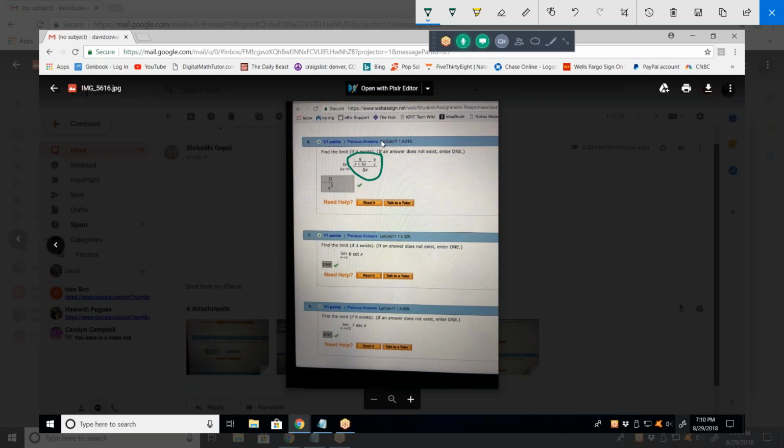But notice if f of x was 9 over x, then f of x plus delta x is 9 over x plus delta x. So what we're looking at here is that is f of x plus delta x. That is f of x. There's a delta x.